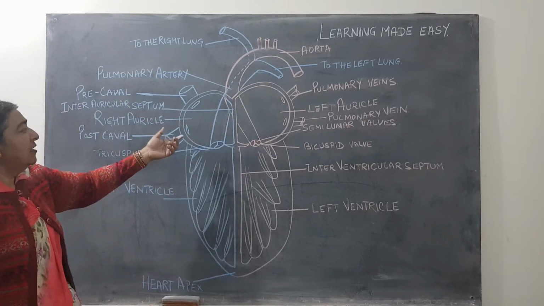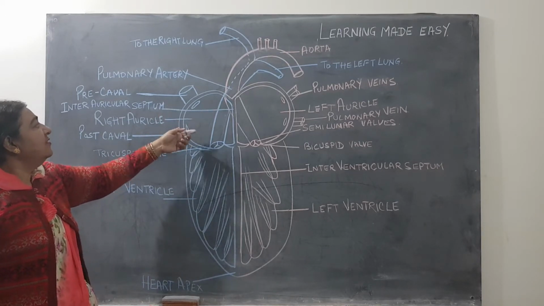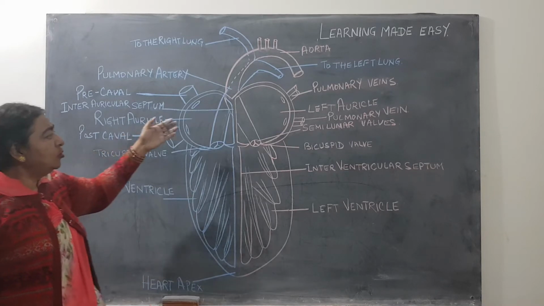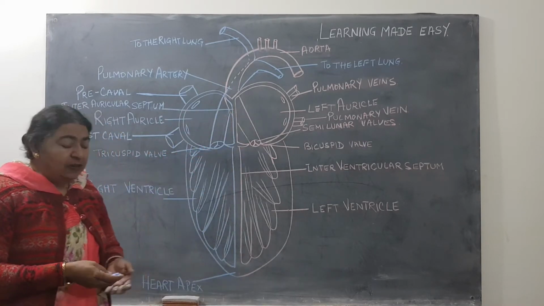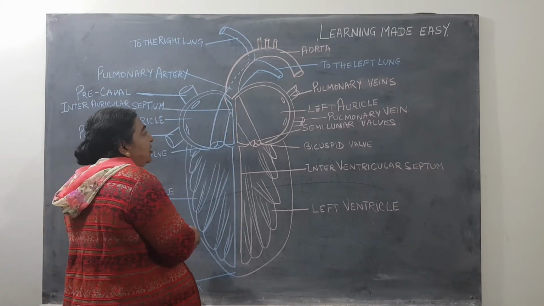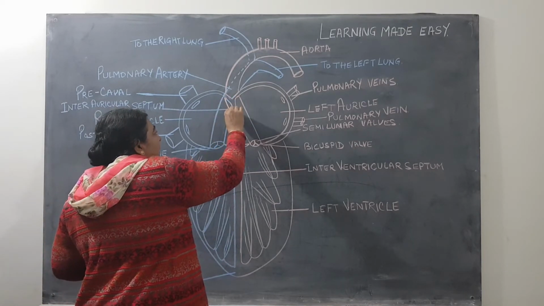Simultaneously, the right auricle receives blood from precaval and postcaval. When both auricles are filled with blood, they contract simultaneously.